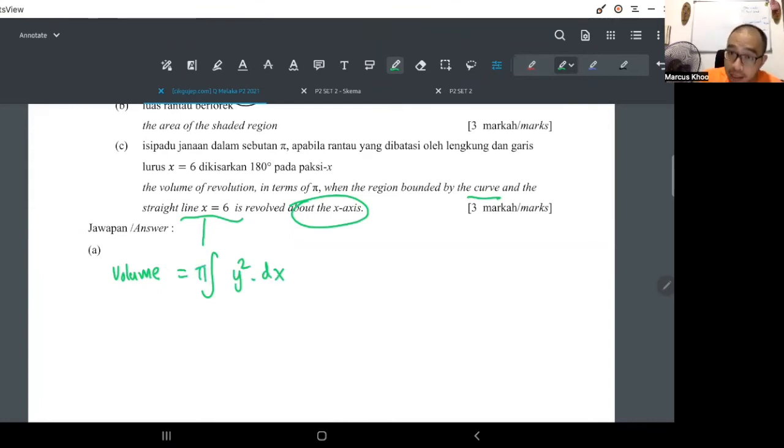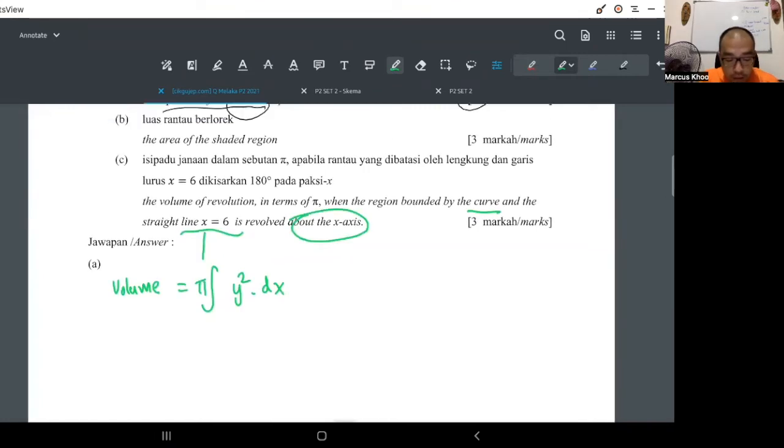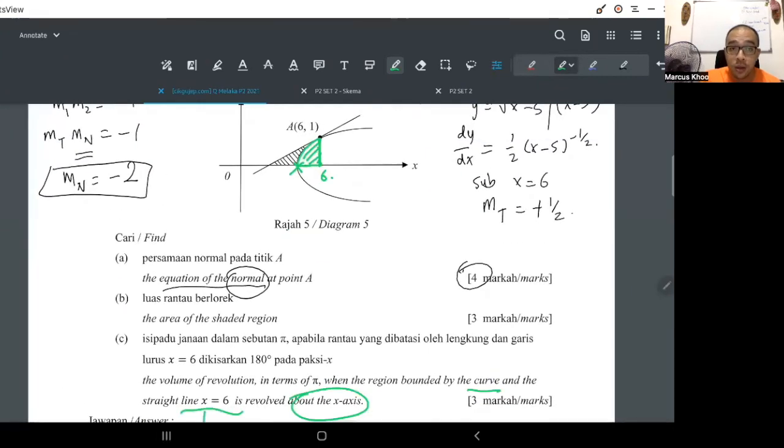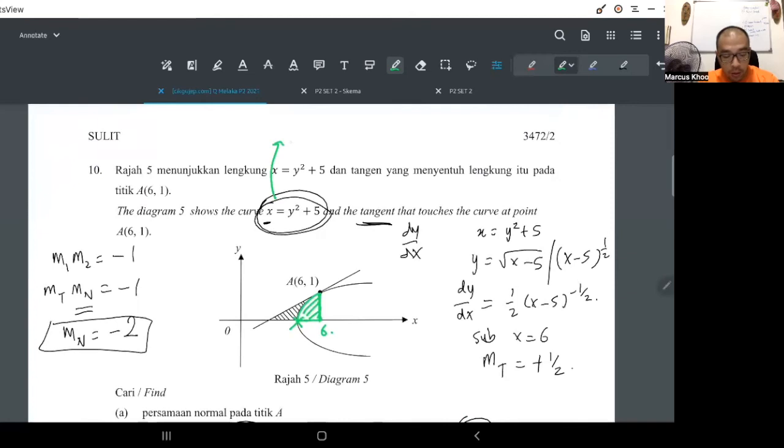dx. So the problem now is, of course, finding the two coordinates lah. This coordinate x, we know this is 6. But what is this coordinate? We can find this very easily lah. Y sama dengan kosong. When we substitute y equals to 0, x equals to 5. So here is 5.